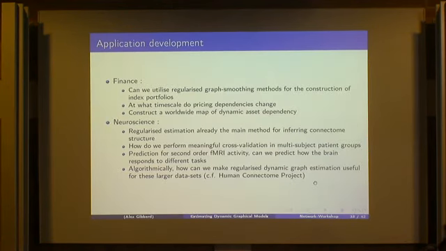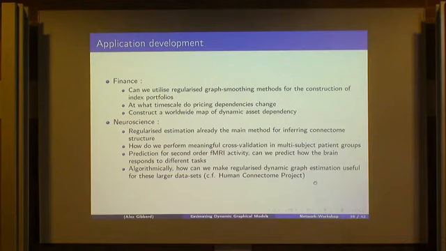And finally, we can utilize this in other financial settings also, for the construction of index portfolios, or a worldwide map of dynamic asset dependency if we have that kind of global structural data.